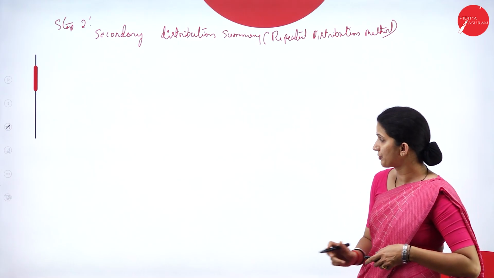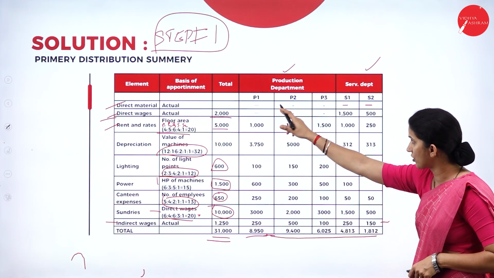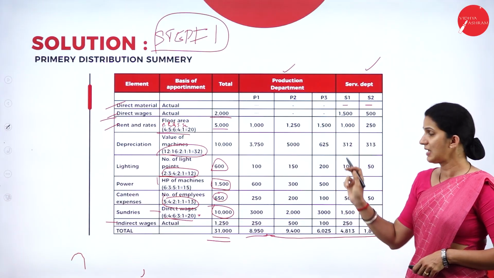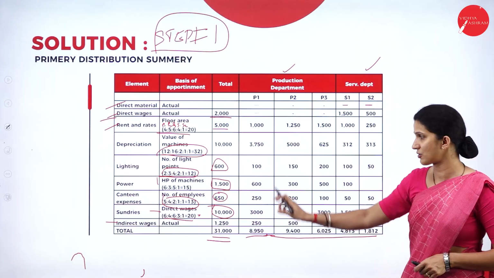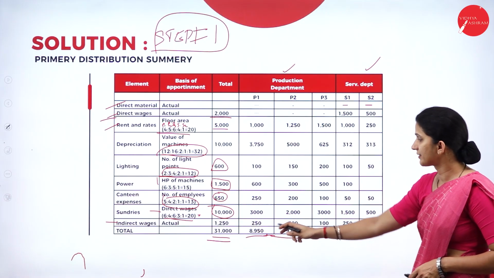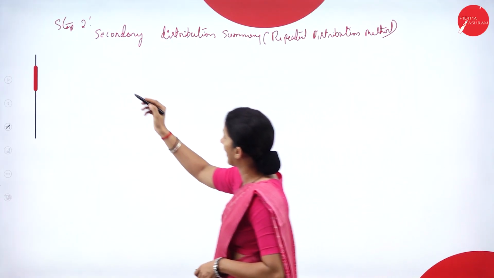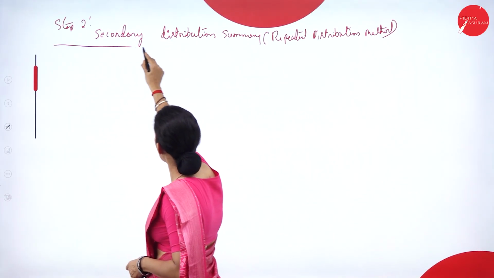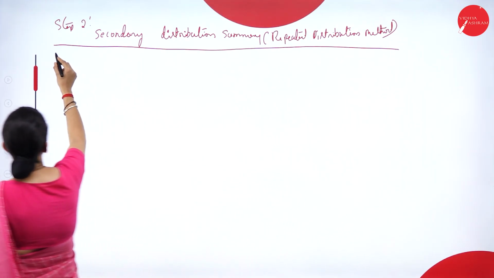In step 2, the total overheads that we got from all the departments, we will take into the secondary distribution table. After the primary distribution summary, we continue with the preparation of secondary distribution. Whatever columns we had for the primary distribution, the same columns we will have for the secondary.